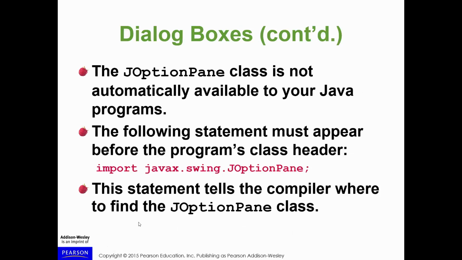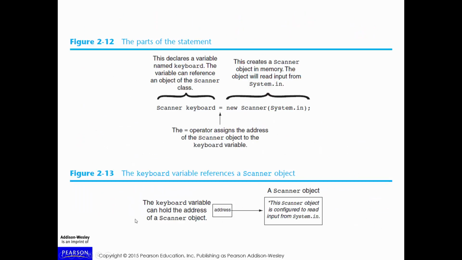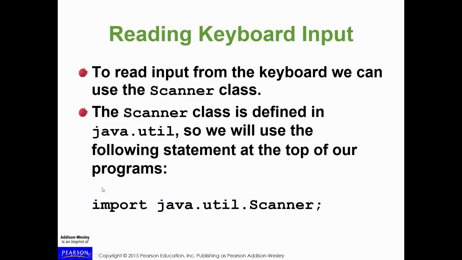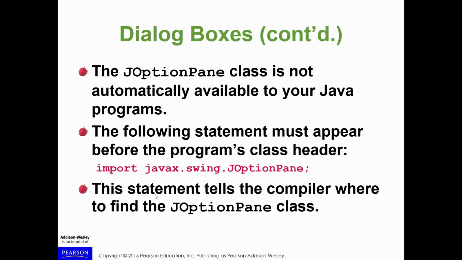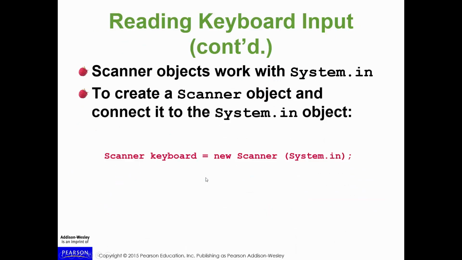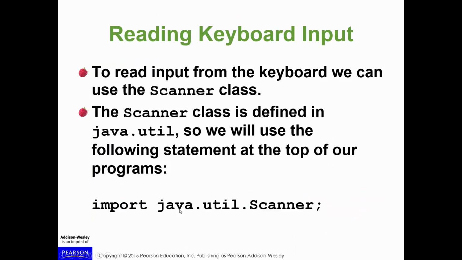Like we just looked at with the Scanner, you will have to do that import, because Scanner is not part of what you get by default with Java. Well, in the same way, neither is JOptionPane, so you have to import that. Now, you may or may not have noticed, but when we imported the other one, we said java.util.Scanner.